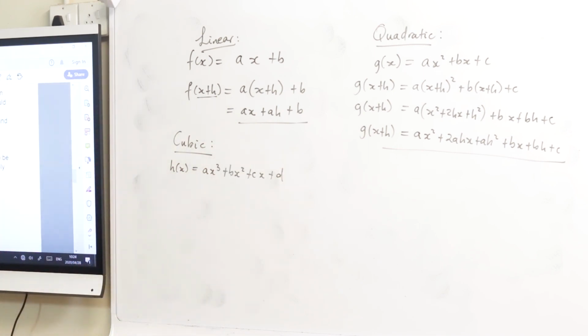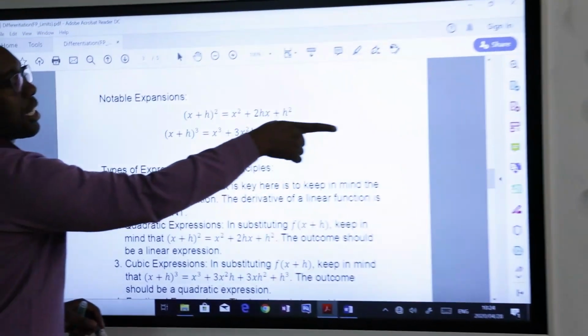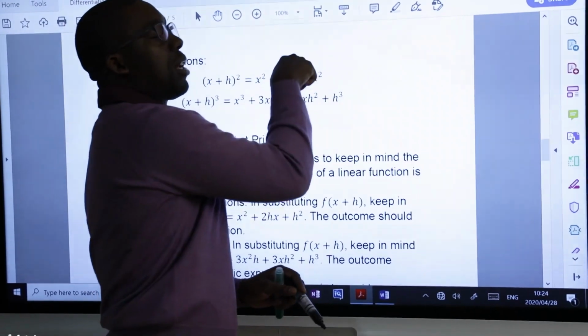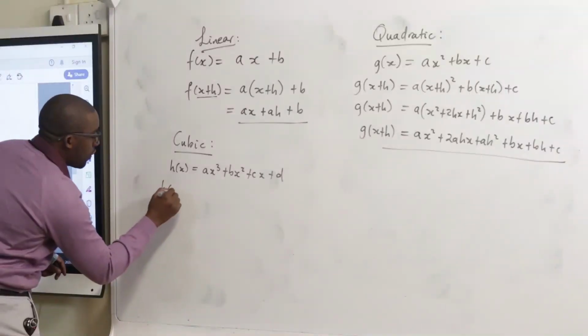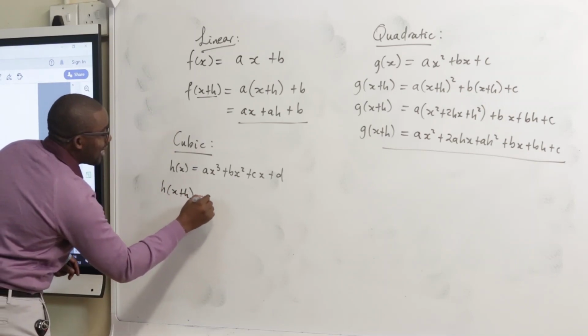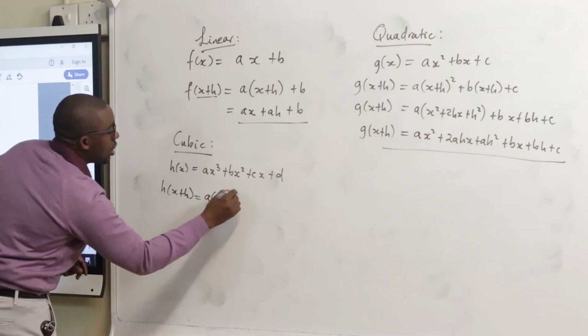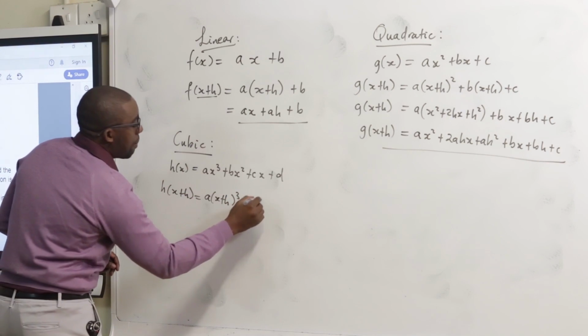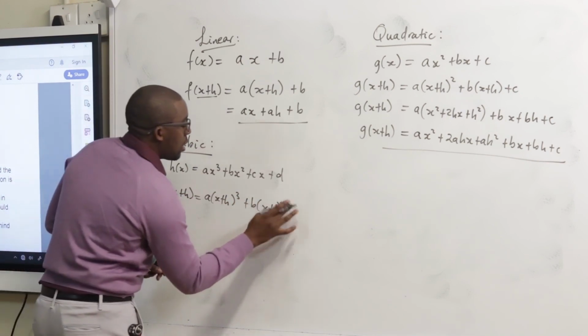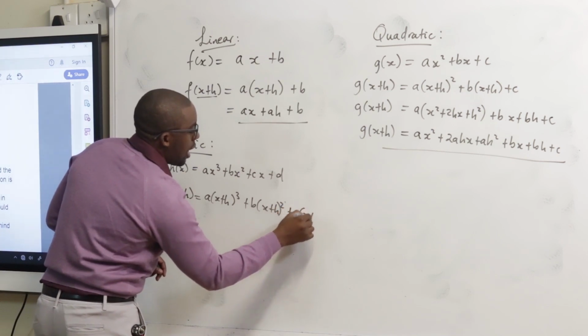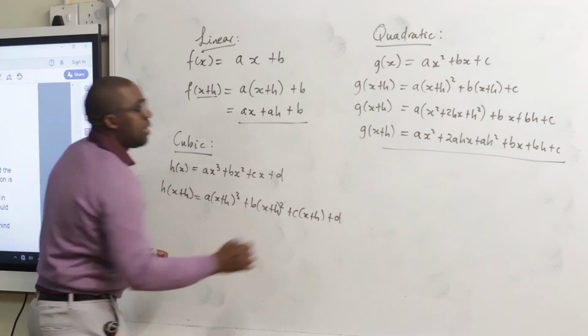We are now going to employ both results because there is an x squared aspect, there is an x cubed aspect. So we would have to employ both. And in this case, h of x plus h becomes a times x plus h cubed plus b times x plus h squared plus c times x plus h plus d.